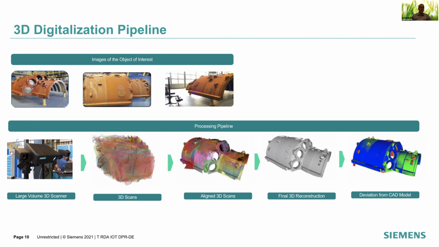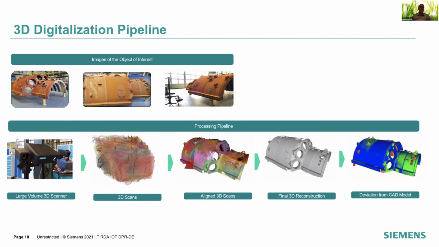You don't need half an hour for one scan like we did with FARO. It is based on phase shift technology and scans one side of the object in a couple of minutes. This produces these 3D scans, which are shown next.